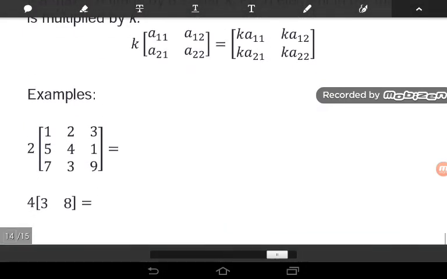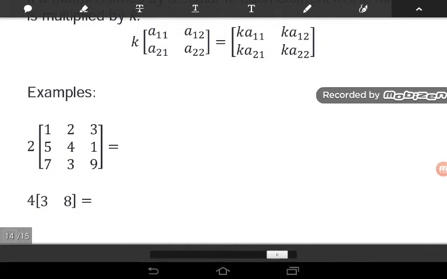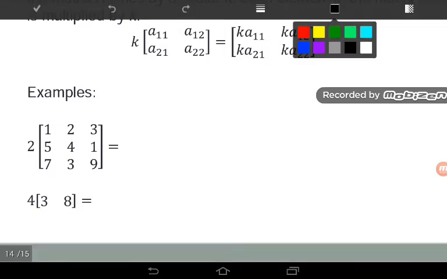Here is an example. 2 times a 3 by 3 matrix. The elements are 1, 2, 3, 5, 4, 1, 7, 3, 9.